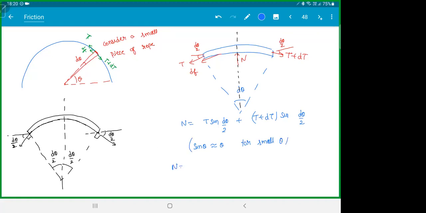So normal reaction becomes T d theta by 2 plus T d theta by 2 plus dT d theta by 2. Since dT is very small and d theta is small, this is negligible. So from here we got the normal reaction is equal to T d theta. This is equation 1. Please have a look at this.